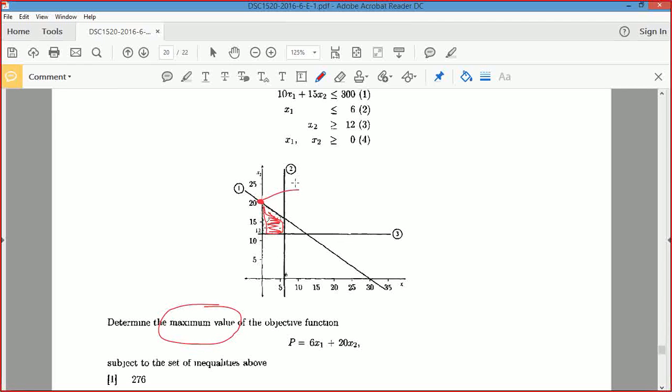So there's a possibility at 0 and 20. Here's another possibility, 5 and 15. X first, then Y.